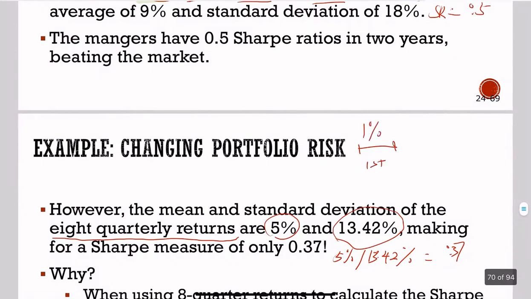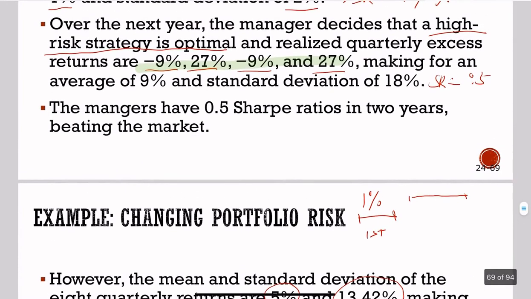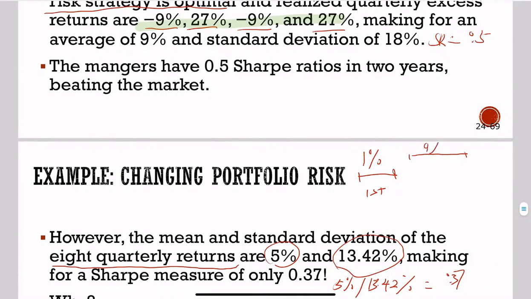This is the first year. And in the second year, the return becomes 9%. So there is a jump. This jump will increase your volatility if you combine 2 years of data.